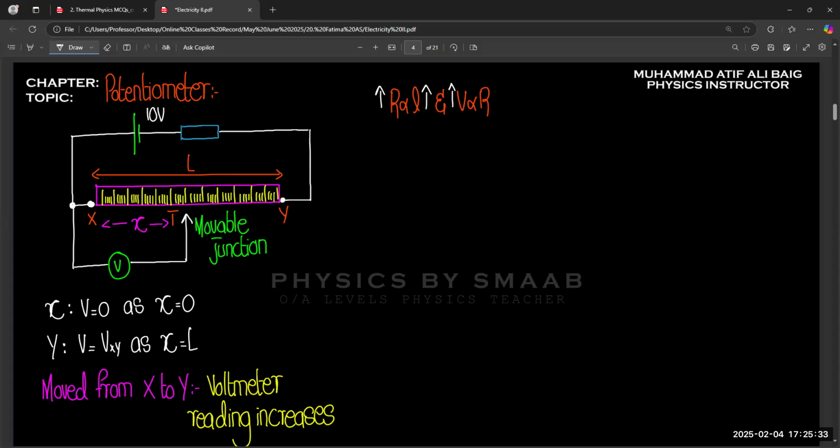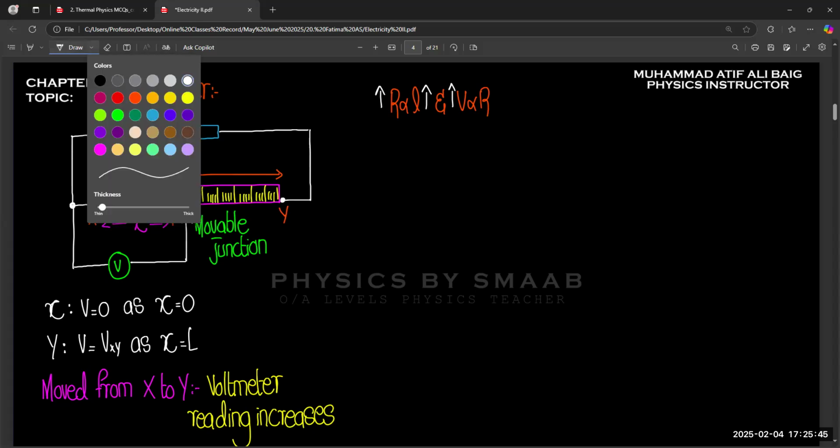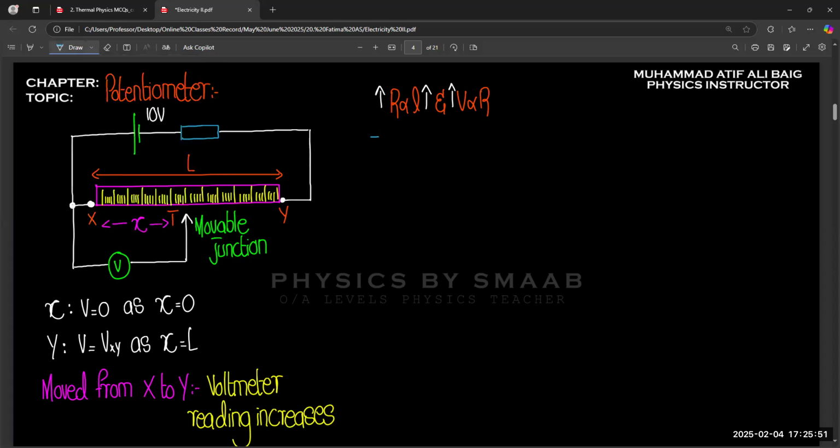So from X to Y, the length increases and resistance increases, and the final voltage will also be greater. So basically this movable junction or wire works like a variable resistor.